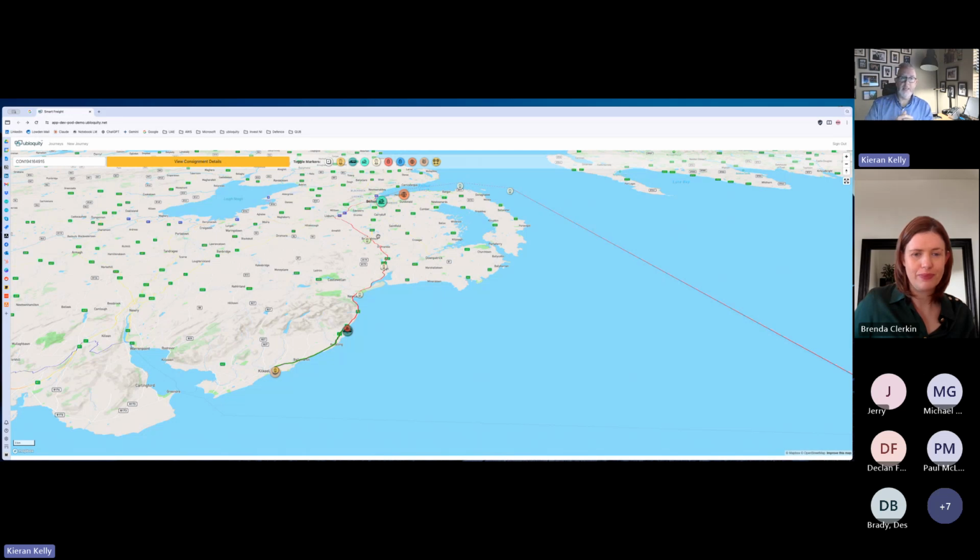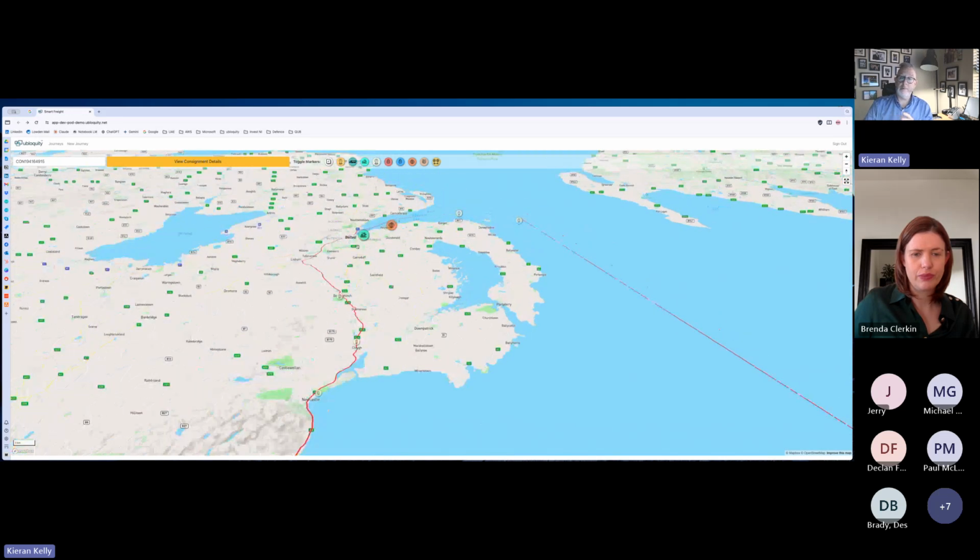But now they could see the inbound lorry and they could see, yes, it's going to make that sailing. The cost savings for Stena were amazing because they now could ensure that there were no spaces on the boat, that everything was filled. And if that lorry wasn't going to make it, they could take another one off the dock and put it in. And therefore, that sailing went out full.